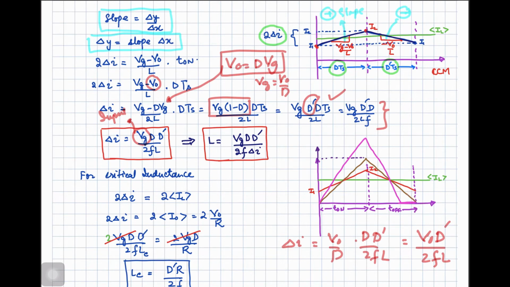We can say that this 2 delta I, which we have considered as the peak-to-peak ripple, should be 2 times the average current.